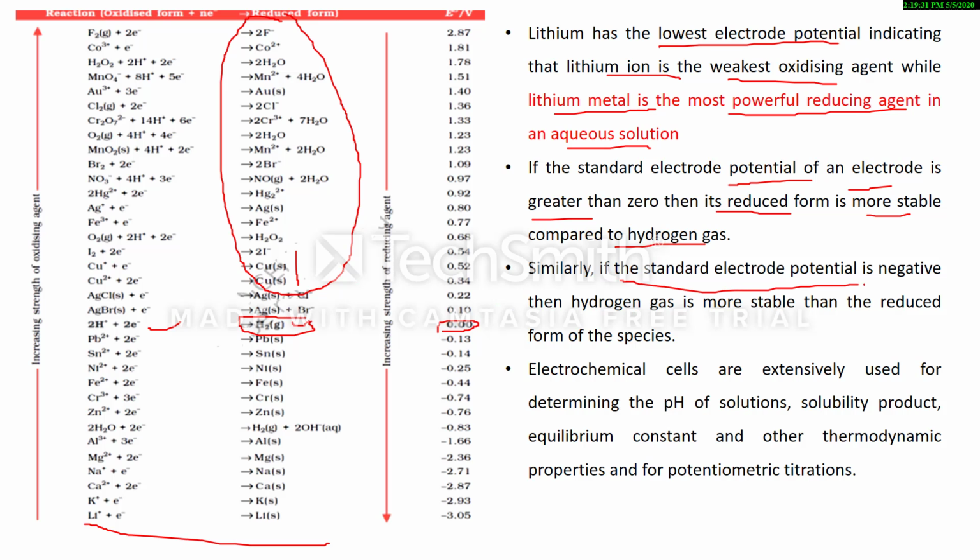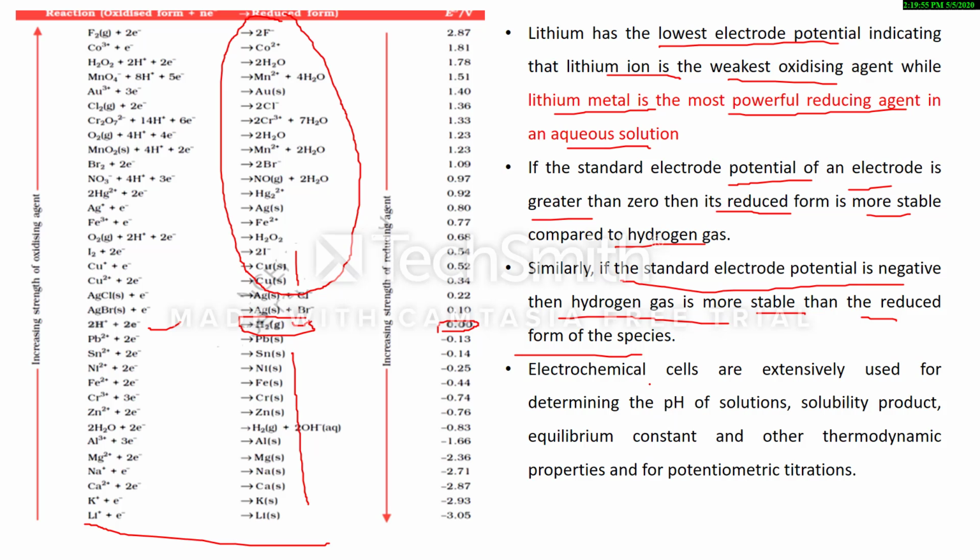Similarly, if the standard electrode potential is negative, then hydrogen gas is more stable than the reduced form of the species. That's why these metals can replace hydrogen from dilute acids, and H2 gas is liberated when these metals are treated with dilute acid.